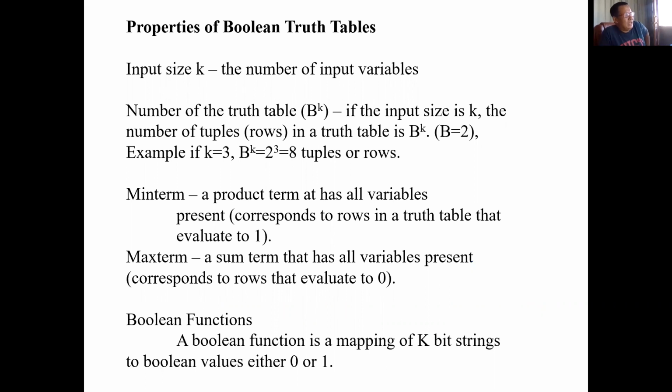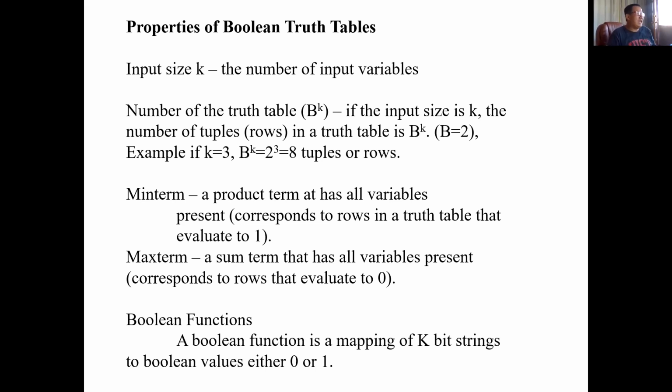Properties of a Boolean truth table. You have to familiarize this. The input of size k. If the input size is k, for example, the input is 2, which means there's an input of A and B. Or if the input is 3, you have inputs A, B, and C. So k means the number of inputs.